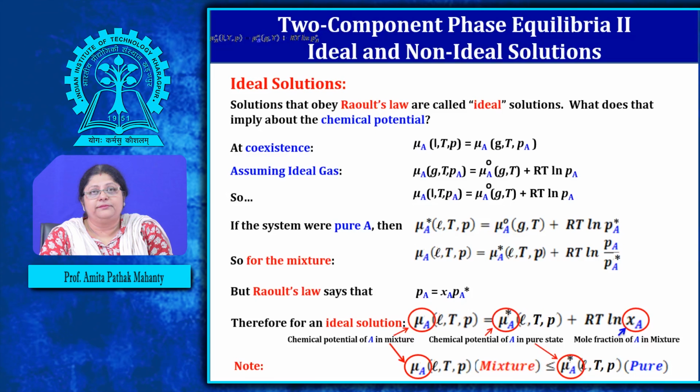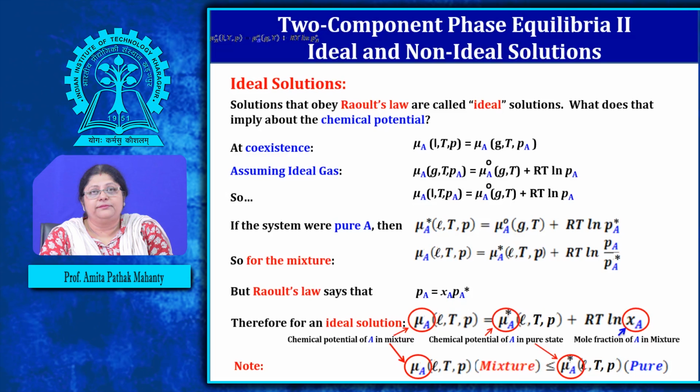But what we have to understand is when we are talking about an ideal solution, we are talking about a phase of, say, component A. We first need to ensure that component A in the liquid state is in equilibrium with the component in the gas state.